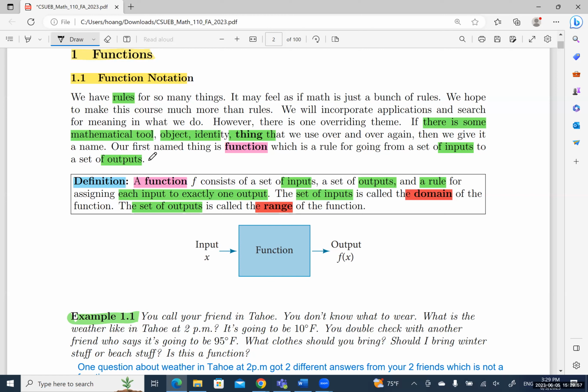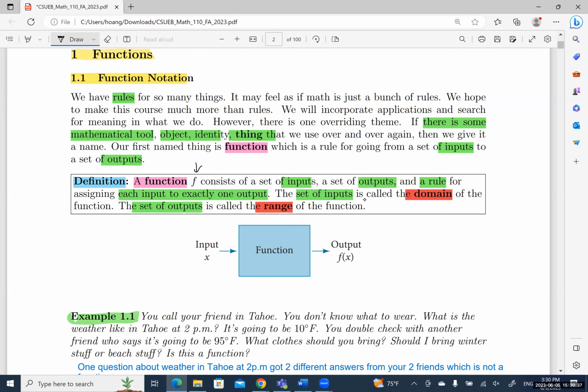Okay, so let's start with a definition of a function. You can see right now, I have a notation here as f, mostly used for the notation of a function, and it's a set of inputs and a set of outputs and a rule for assigning each input to exactly one output.